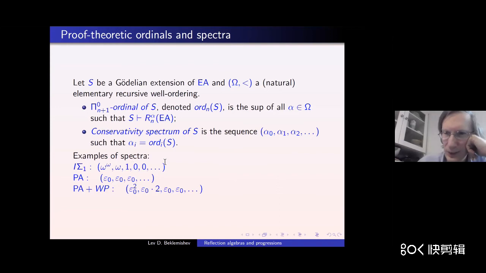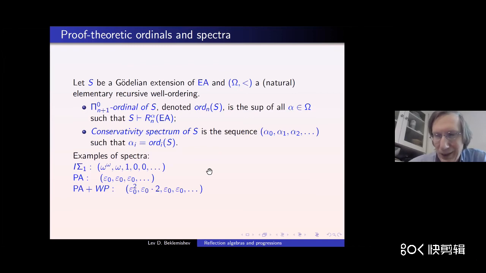I ignore the question of how to compute them. It can be done by different means, but that's what we obtain. For example, if one takes a theory such as I sigma 1, a fragment of Peano arithmetic, then its pi 1 ordinal will be omega to the omega, relatively small. The next ordinal will be just omega, and then just 1, and it ends with a tail of zeros, which is related to the fact that the complexity of the system itself, I sigma 1, is exactly pi 3.